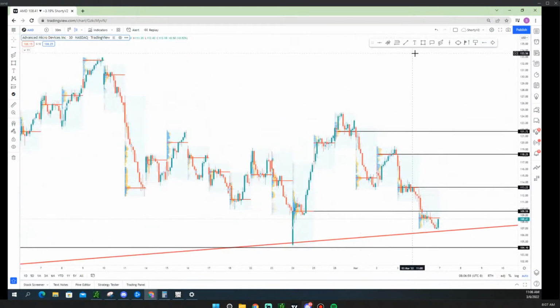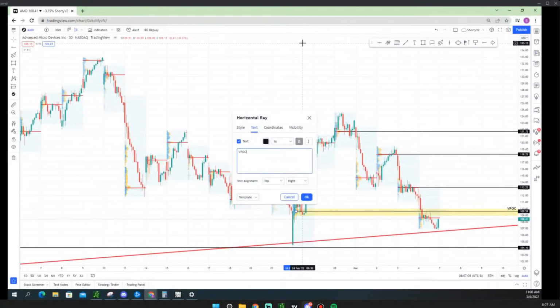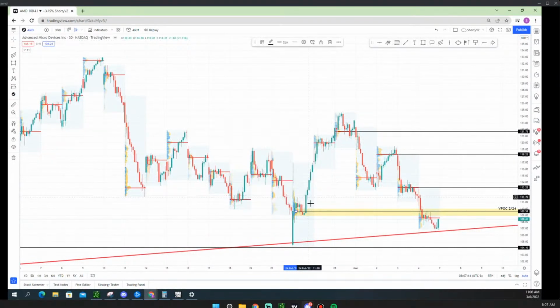The way you can trust VPOCs, and the beauty of it is, everything that goes up must come down. Just to give you a last example of the VPOC, a lot of people flamed me on Twitter when I told people that AMD was going to come back to 109 before it goes back to 131.